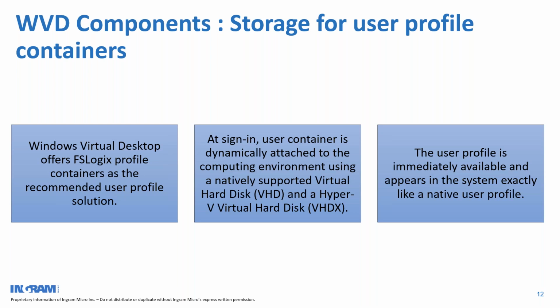And for a user, it just seems that his profile data was always available on that server. So think of it as a roaming profile, right? It's a roaming profile concept, but it is containerized, and this user profile container data is stored outside the session host, outside the Windows Virtual Desktop server, in a shared location, right?